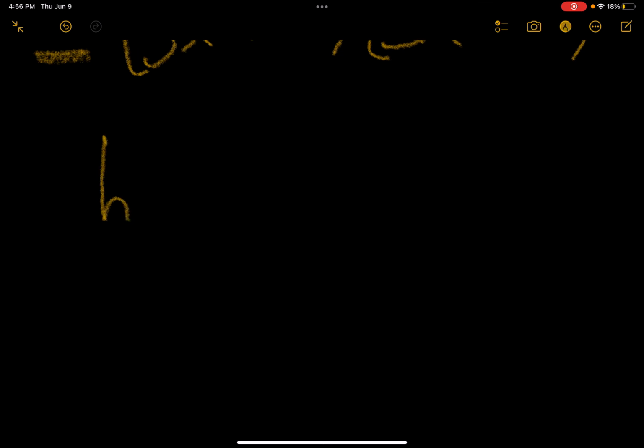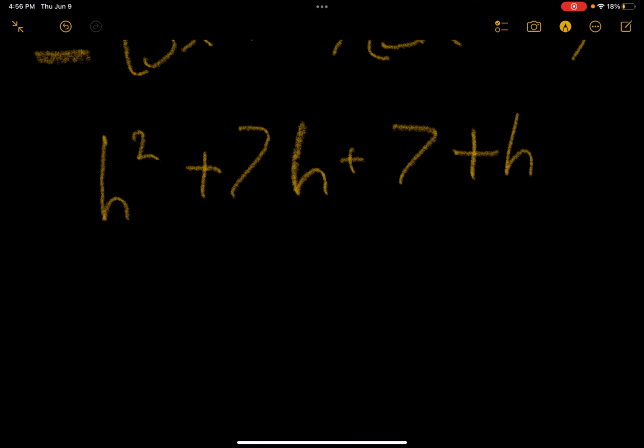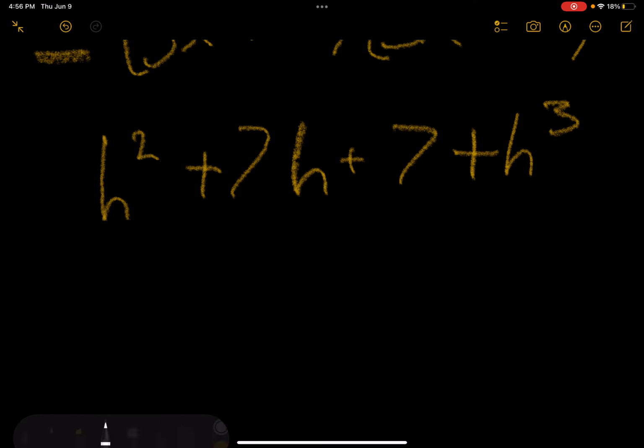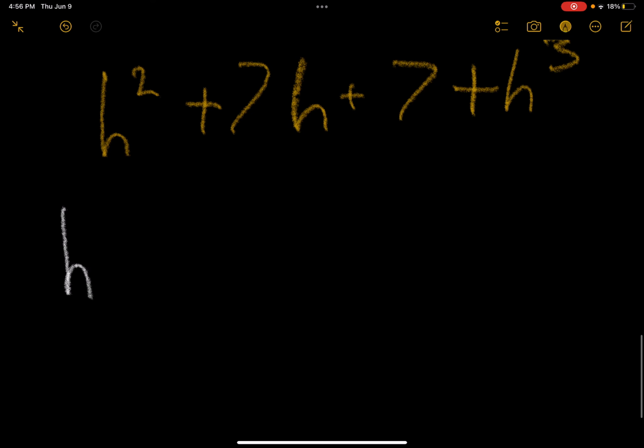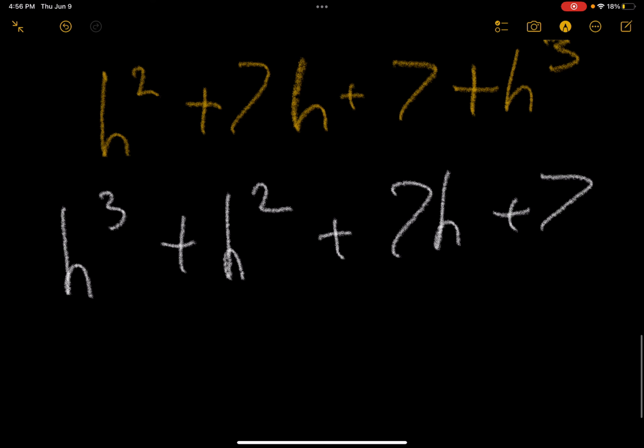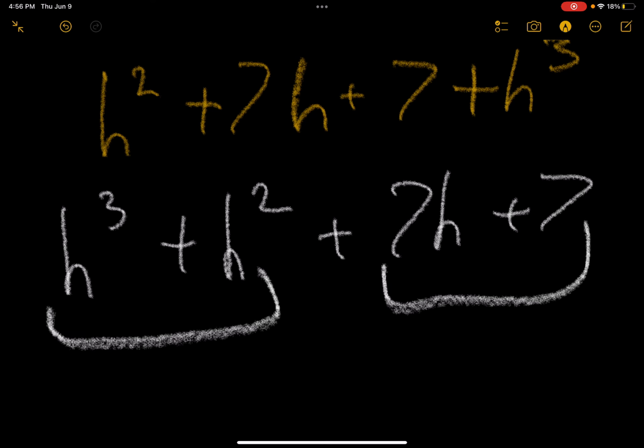This is h squared plus 7h plus 7 plus h to the third. So let's put this in, of course, just to make it easier, in normal standard form, right? So h to the third plus h to the second plus 7h plus 7. So we're going to do this and that again.